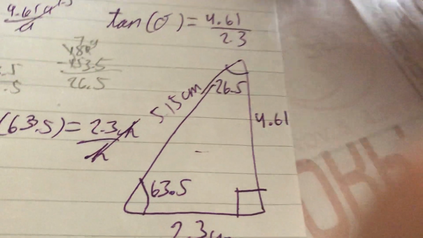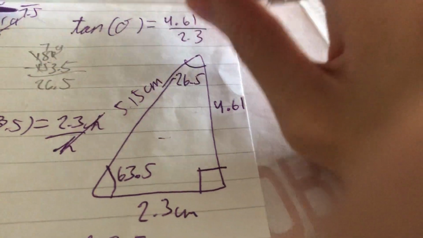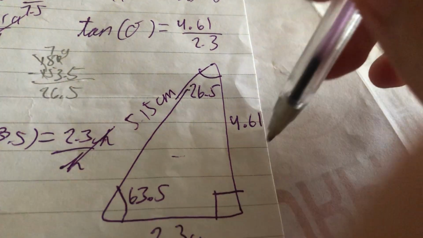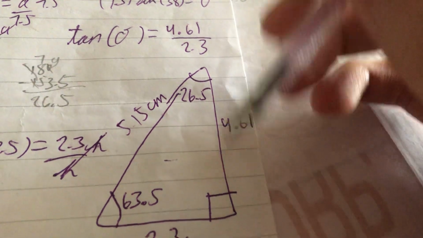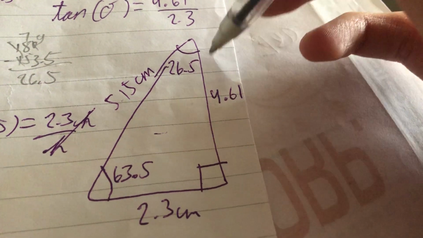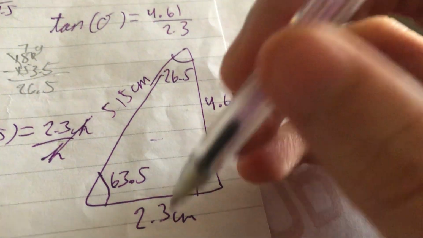Now, if we were to try some other formulas, kasi ang ginawa ko, it's 2.3 divided by the cosine of 63.5. Now, let's try if we will do this. Remember, if we do 26.5, this is the opposite, and this is the adjacent, and this is the hypotenuse. So, opposite over hypotenuse.